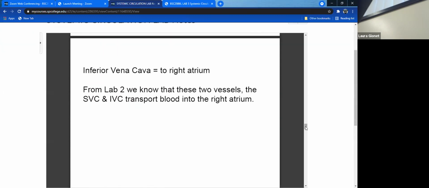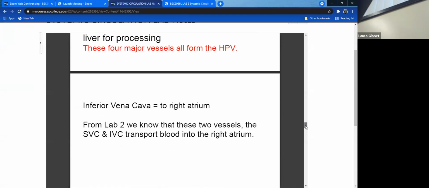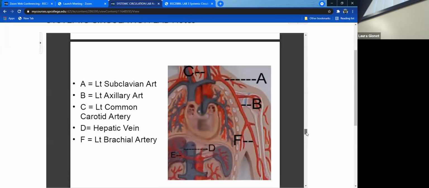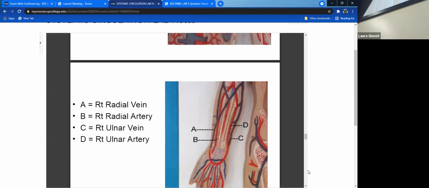It talks about the hepatic portal vein. Here are some more diagrams or pictures of those same models, but a little magnified so you can distinguish better. I would study from these. I like these. These were from a different image database. This is similar to what we looked at before, just a little bit bigger so you can more easily distinguish the reds from the blues.